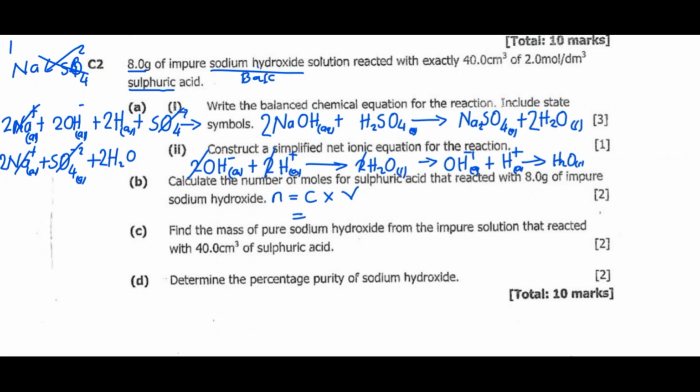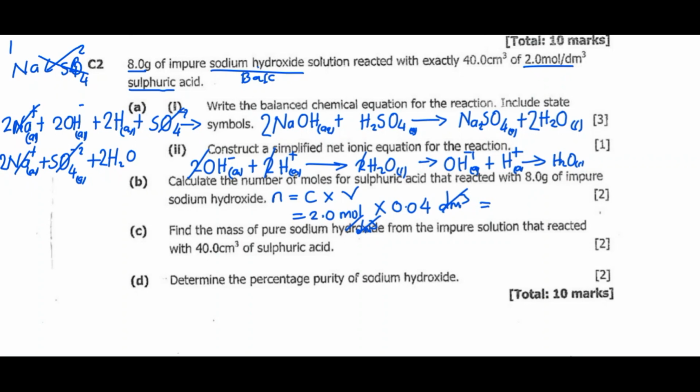The concentration is 2.0 mole per decimeter cubic times the volume, which is 40. Remember, we need it in decimeter cubic, so it's 40 divided by 1000, so we get 0.04 decimeter cubic. So you can cancel this.